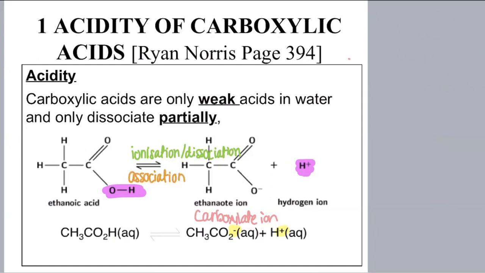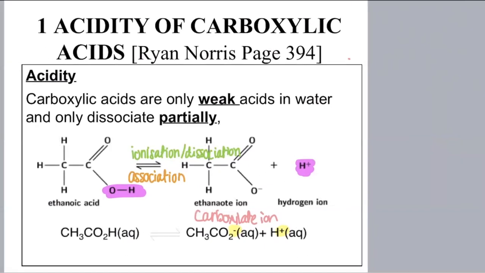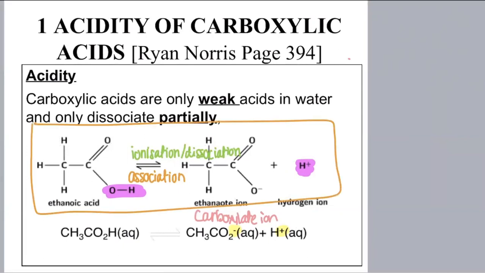Now let's have a look at the explanation. You need to remember this ionization equation. So the first explanation is the stability of this anion. If it's stable, it will be formed, more of that ion will be formed. Secondly, you want to look at whether your equilibrium lies far onto the right side, which is ionization, or far onto the left side, which is association.